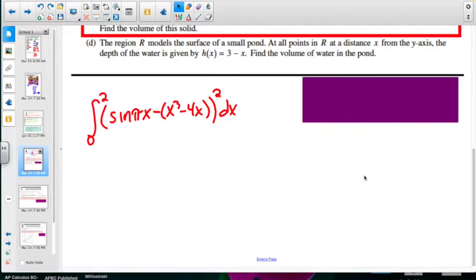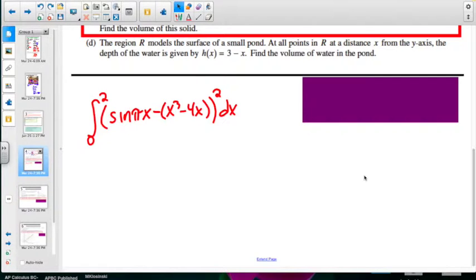Okay, so put a units cubed on the end of that number. Yep, that's it. Awesome. Well, we found that, and now you have to integrate that.